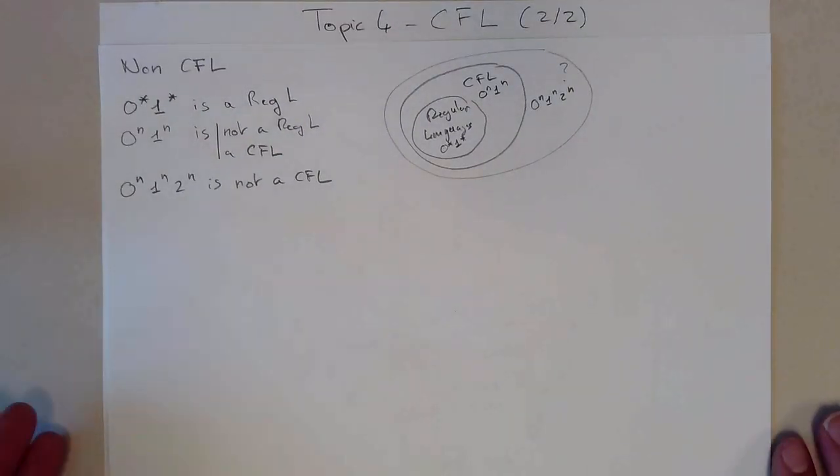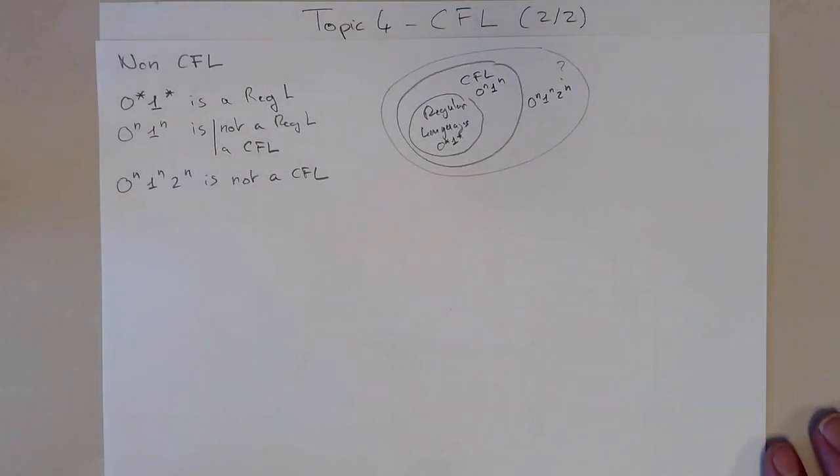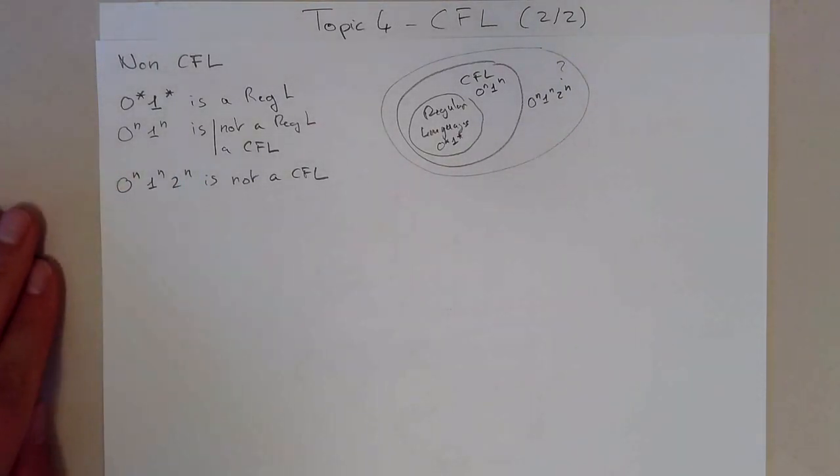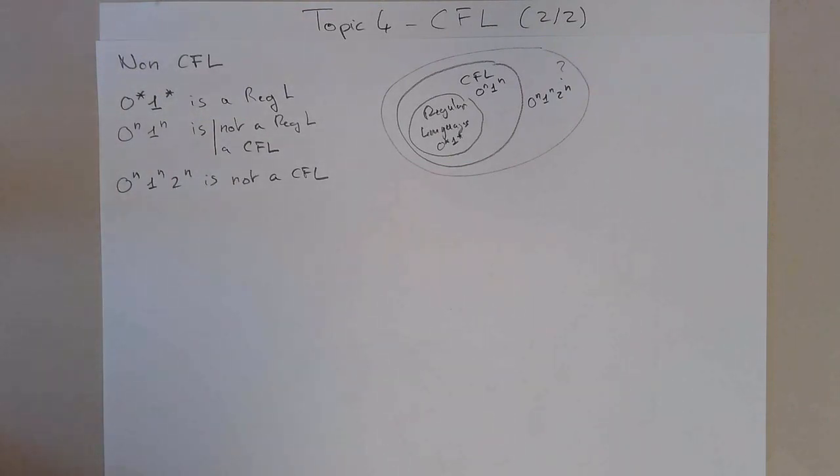So how do we see that a language is not context-free? Ideally, it is not context-free if you cannot build a push-down automaton or write a context-free grammar that generates that language. But it is hard to show that you cannot do that.